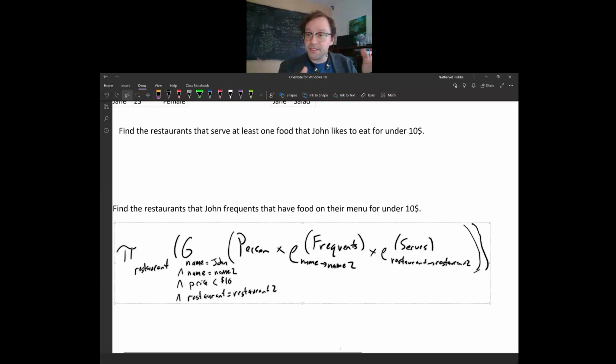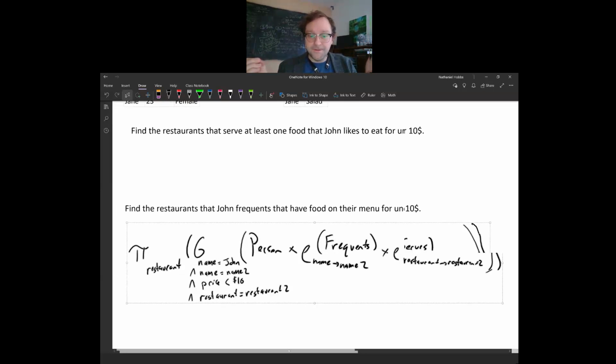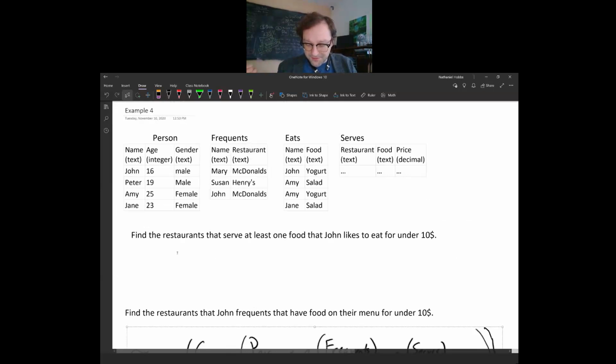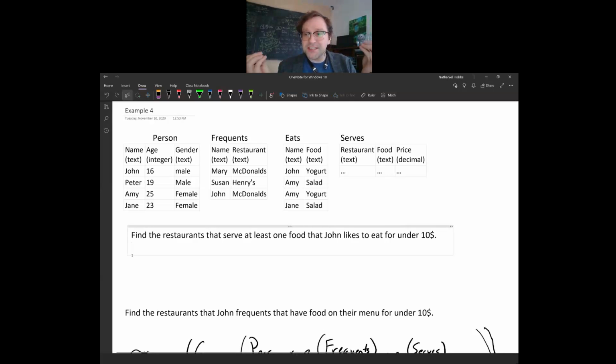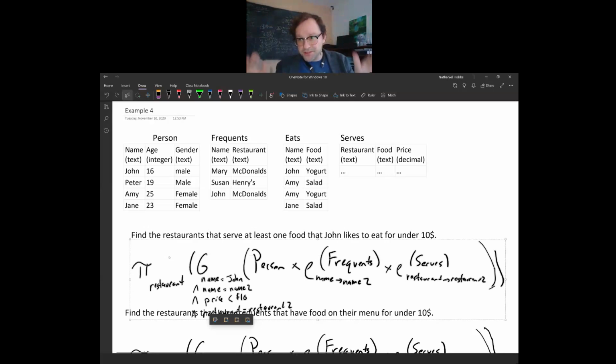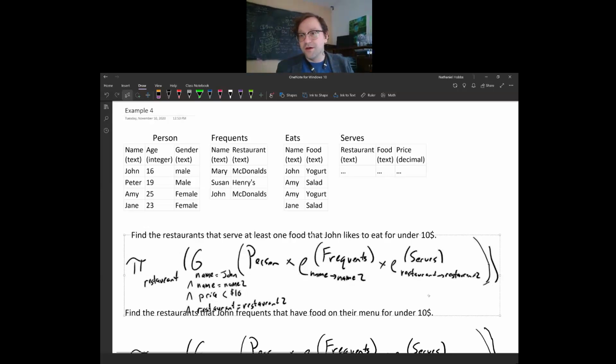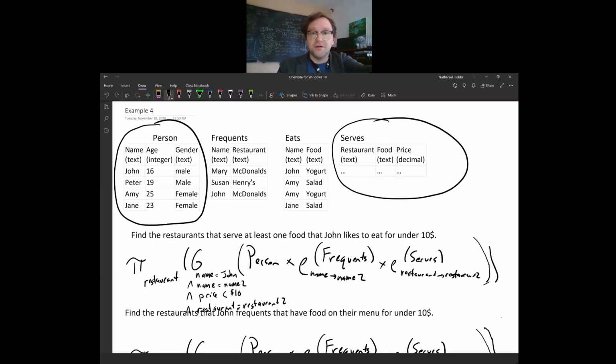Yes, I see. Could you use person times serves? So person and serves doesn't quite work, because if you use this relation and this relation, then you don't know what food the people eat. You just know the names of the people. In fact, there's no way to relate these two tables together.